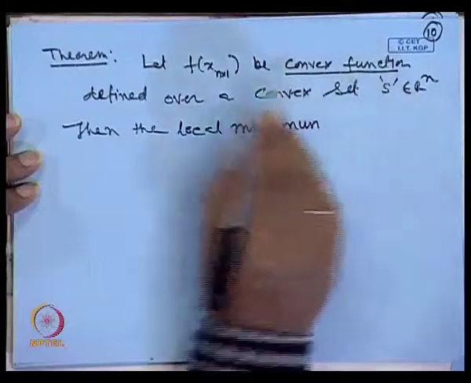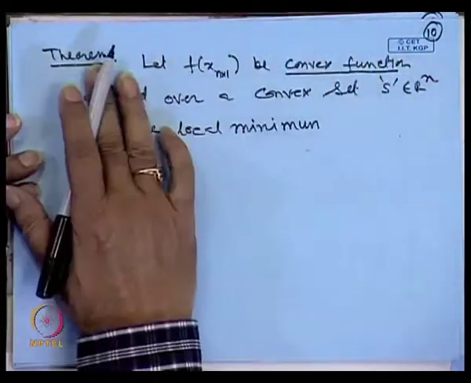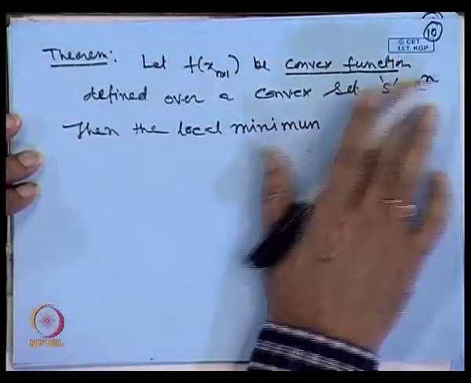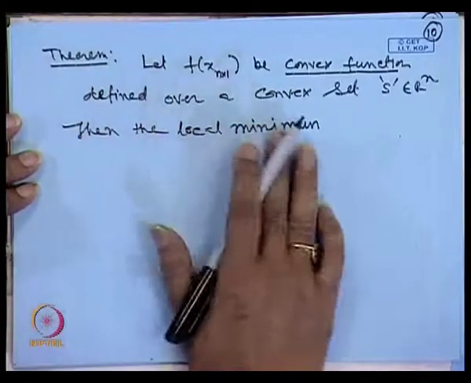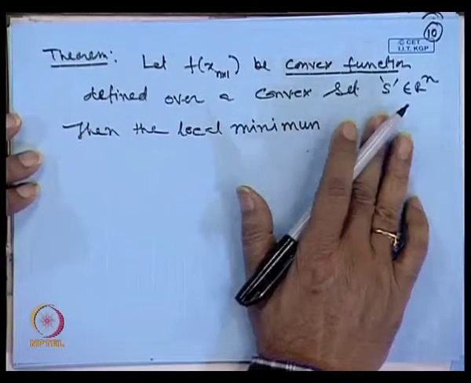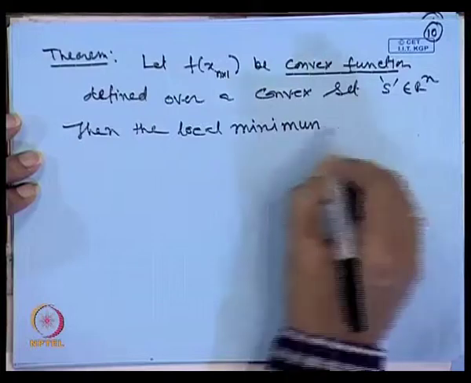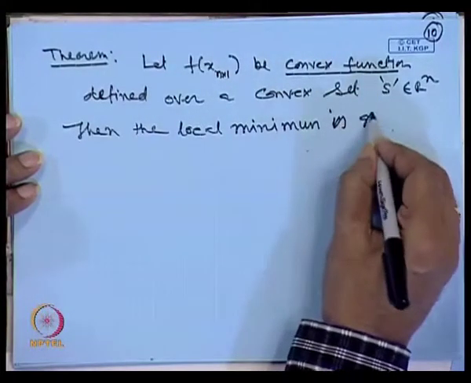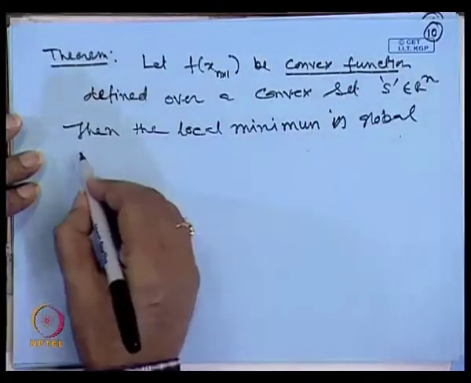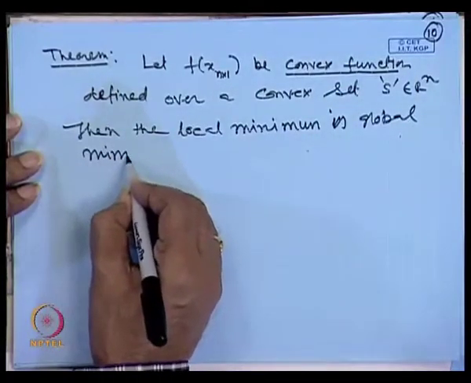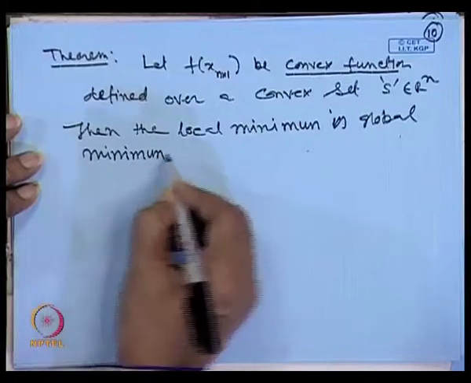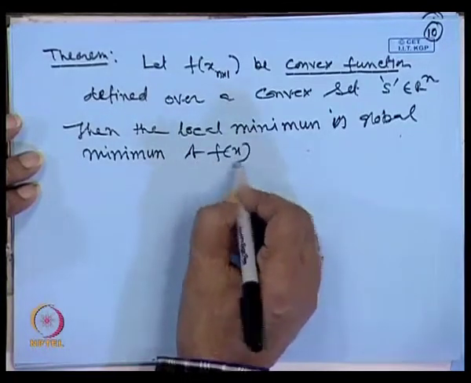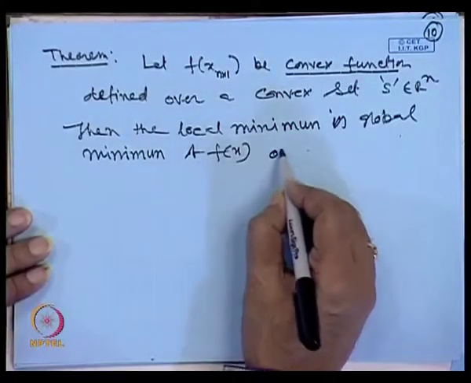Mind it, if the function is a convex function over the convex set S, then the local minimum of this function will give you the global minimum of this function. Local minimum of f of x over the set S is the global minimum.